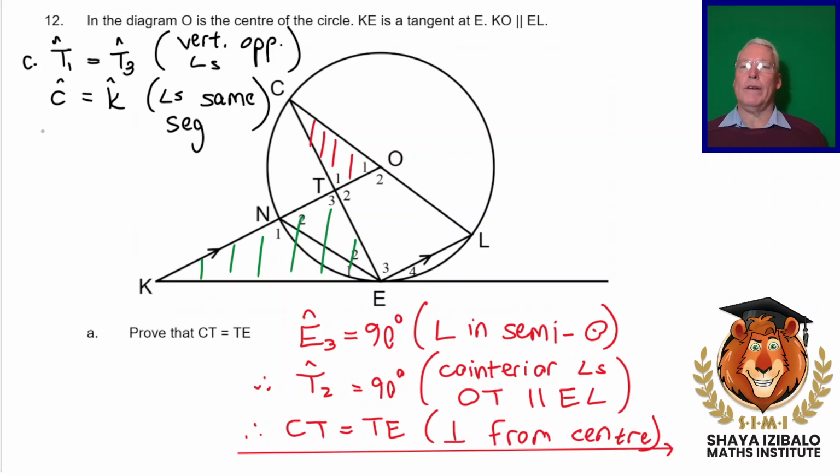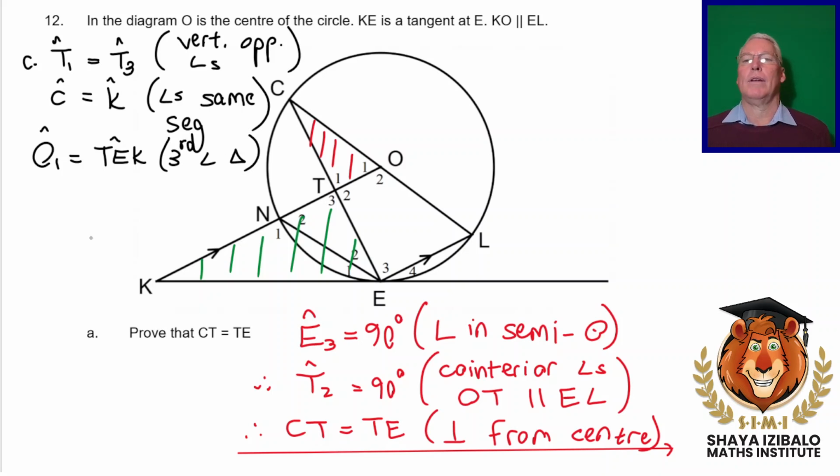So the third angle in each triangle, O1, will actually be equal to angle E1 and E2 or angle TEK. We've got choices here. Those are actually equal because of angles in the same segment, but they're also equal because it's the third angle of triangle. And so now these two triangles are similar.